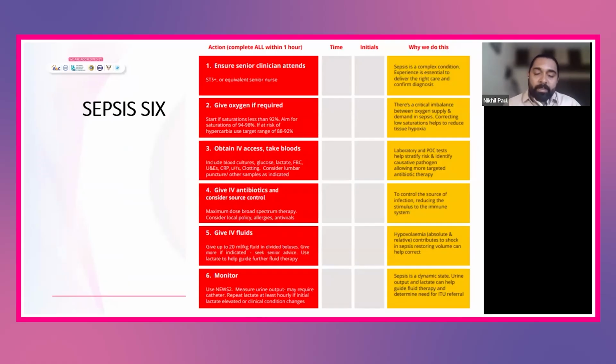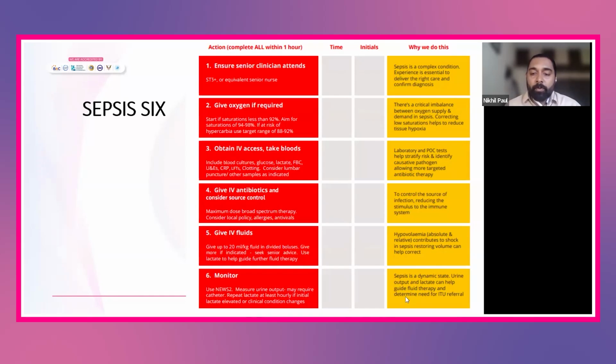The 3 things we take are a blood culture, urine output measurement, and lactate. And what are the 3 things we give? We give antibiotics, we give IV fluids, and we give oxygen if required.